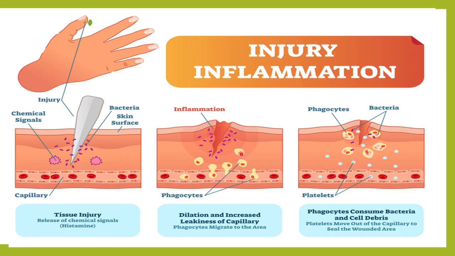They allow the phagocytes to migrate to that area. That is why they increase during inflammation. The phagocytes will go and eat this bacteria up. Fibrinogen will be produced. Fibrinogen will form a clot, so that it will not allow the bacteria to spread, it will not allow the infection to spread.